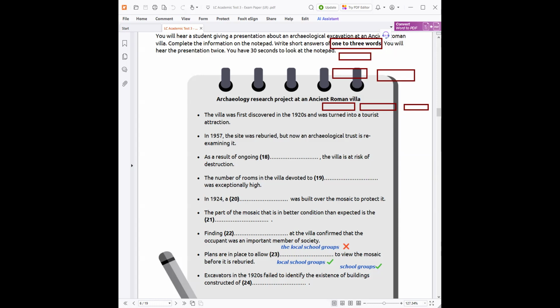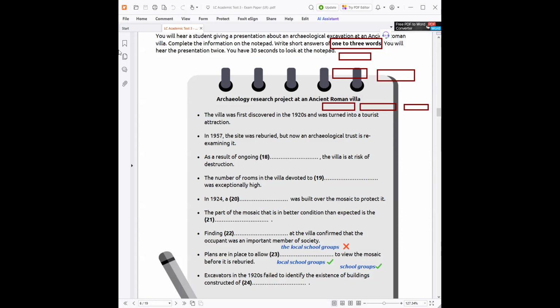No, no, no. Remember, initially he said that the mosaic will be reburied at the end of the year. And then he said that there are discussions about whether it should be moved to a museum for display to the public. So they're thinking that if it is not reburied, then they will show it to the public. I'll repeat the audio.